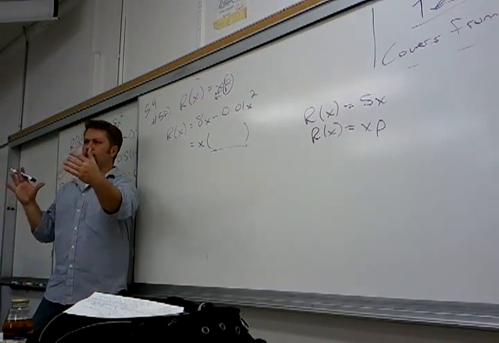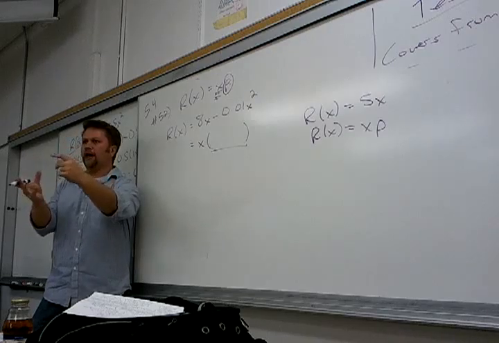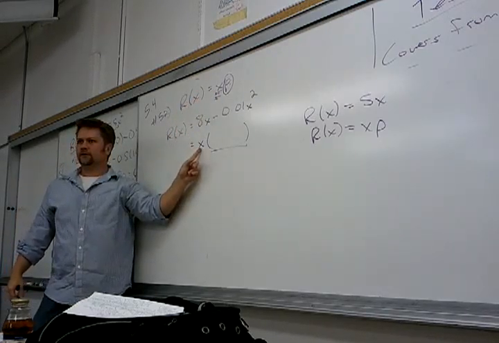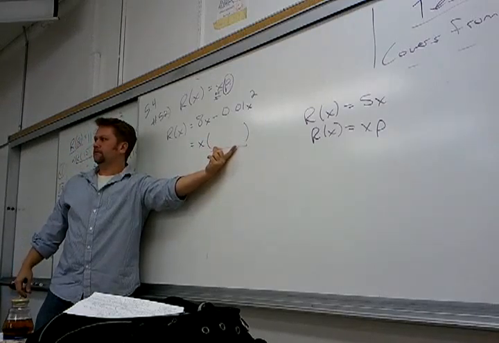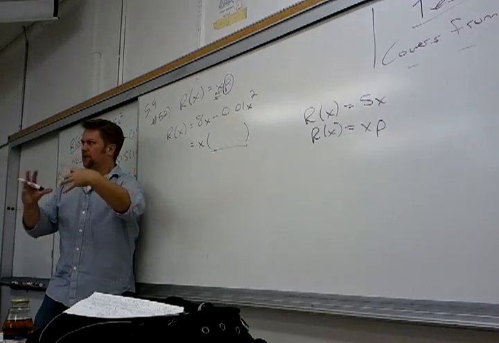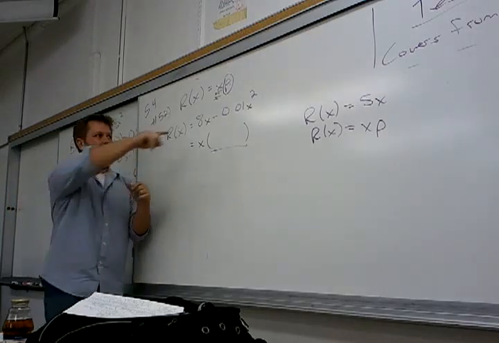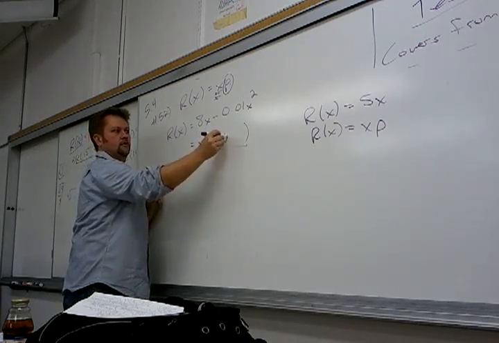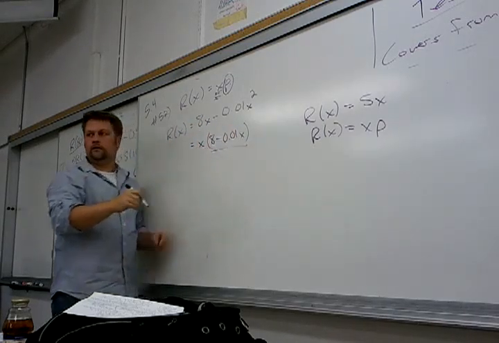It's sort of like putting it in the MX plus B form. If I make it look right, everything falls into place. So if I take an X out, this must be the price. It's not going to be a number. It's going to be something that will change based on what's going on. So sure enough, when I take an X out, what's left? 8 minus 0.01x. I love it.